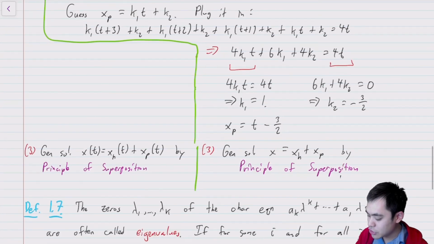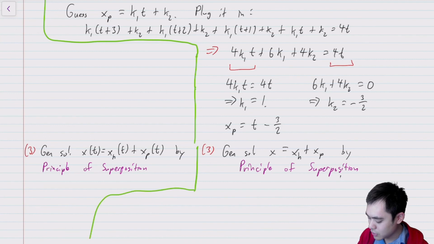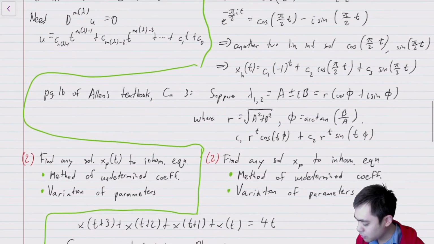This allows us to get a general solution by the principle of superposition. So the general solution here is going to be x equal to xh plus xp.